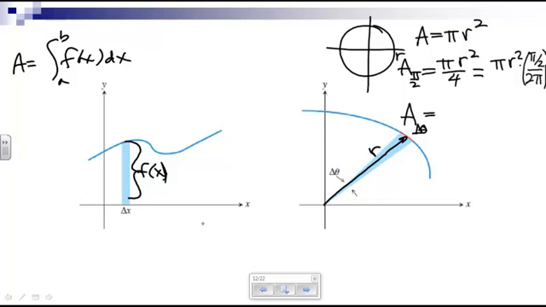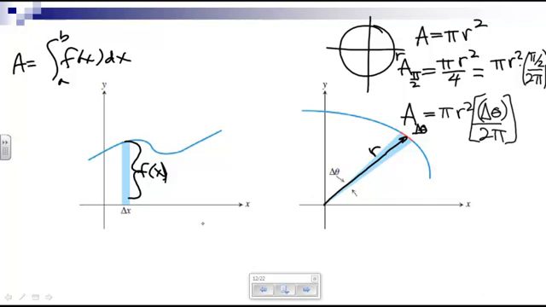So for some arbitrary angle, call it delta theta, I could take this expression, pi r squared, drop in the delta theta, that's my angle, and divide it by 2 pi, and now this part is that fraction of a circle that I'm dealing with. But that's ugly.